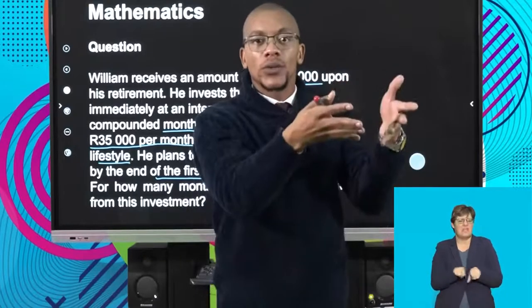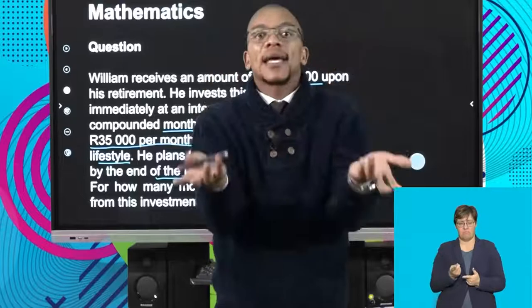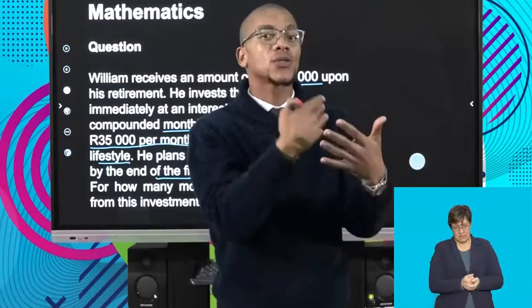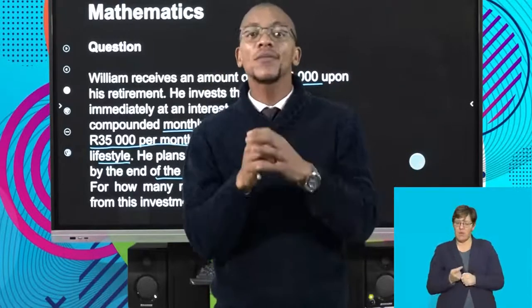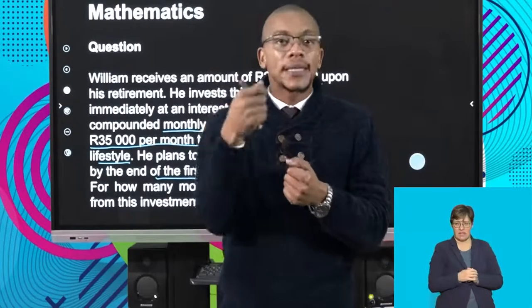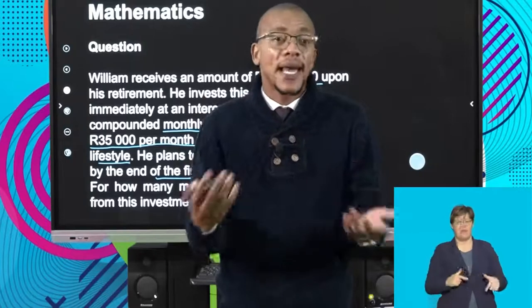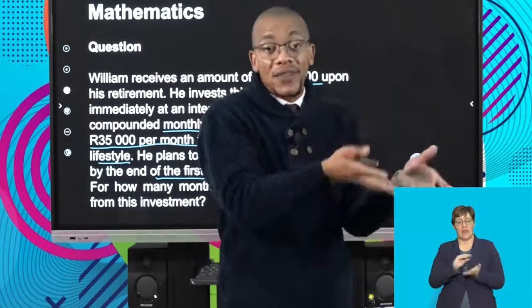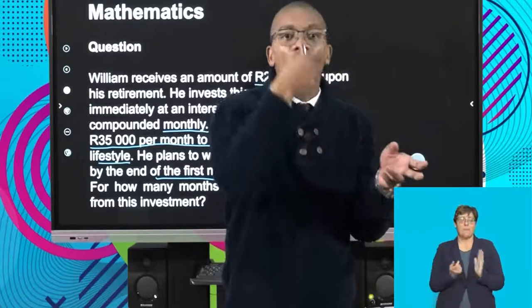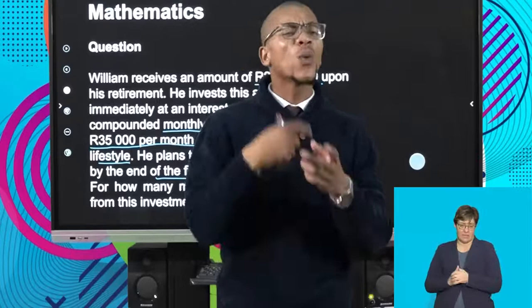It's like a loan that this person is getting from their retirement fund. They're getting 2 million, and they say, instead of me just having it in my account and eating it little by little to maintain my lifestyle, let me put it in an investment account and then withdraw from the investment account on a monthly basis. So what is this doing?